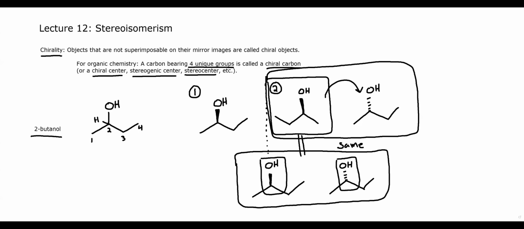So these 2 molecules relative to each other are called enantiomers. Enantiomers are a pair of molecules that are mirror images that are not superimposable. And again, not superimposable means not exactly the same.